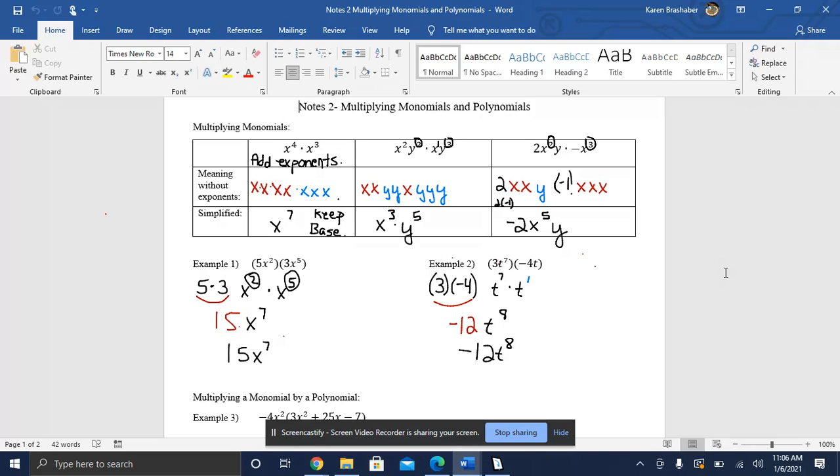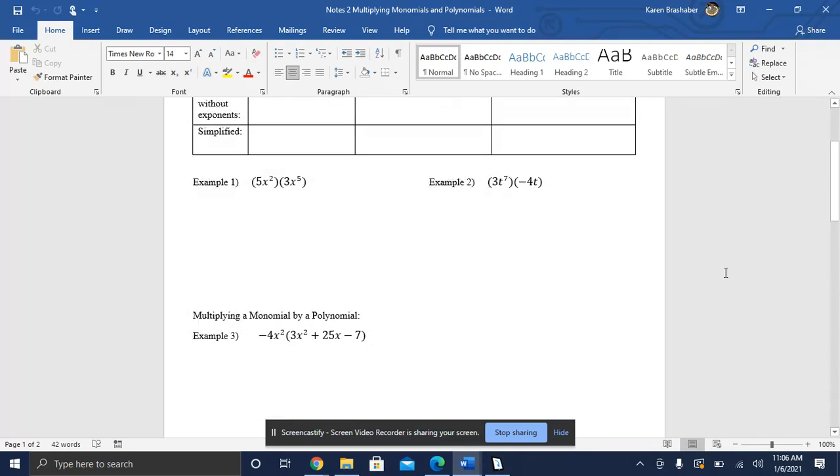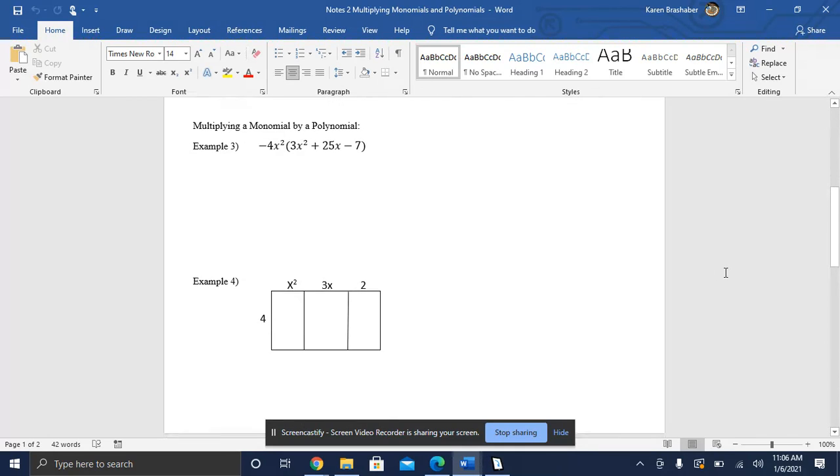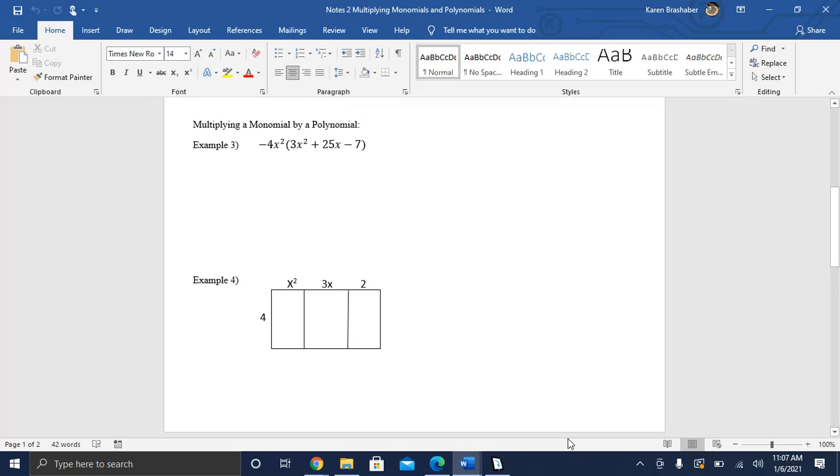And now we'll move on from here to multiply a monomial times a polynomial. So as I scroll on up, we'll look at example number 3. So in example 3, you have the monomial factor of -4x squared being multiplied into the polynomial.